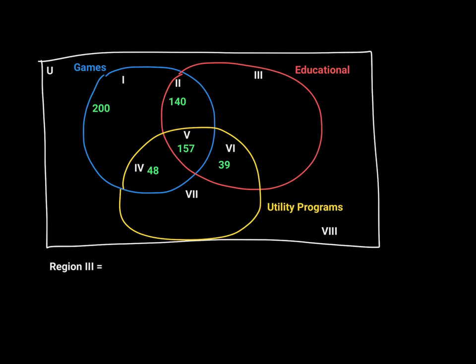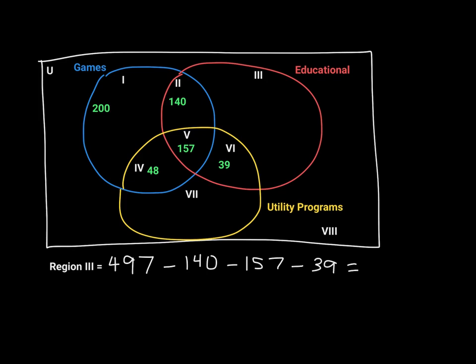All right, let's go for it. Now, let's see if they gave us any information about those that purchase educational programs. Yes, educational software, 497 total that purchase some type of educational software. But some of those are in region 2, which is 140. Some of those customers are in region 5, which is 157, and some of them are in region 6, which is 39.